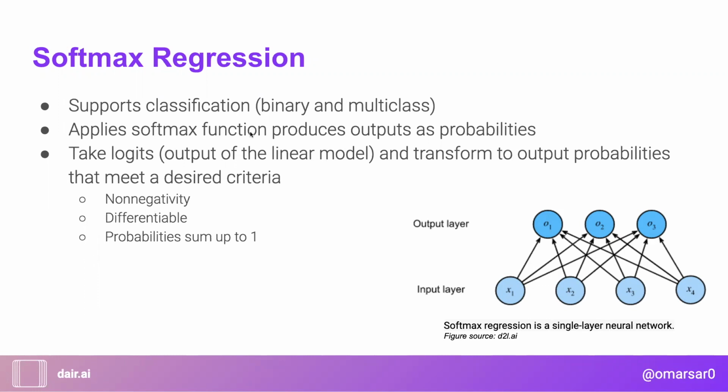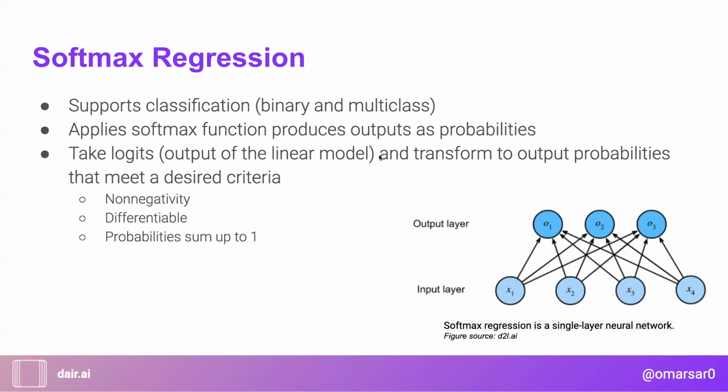The idea is just to have the softmax function, which gives you really nice properties, and they meet some desired criteria. When you get the outputs directly using the linearity assumption, the WX plus B that you saw earlier, those give you the logits, but those values don't have the qualities that we want.